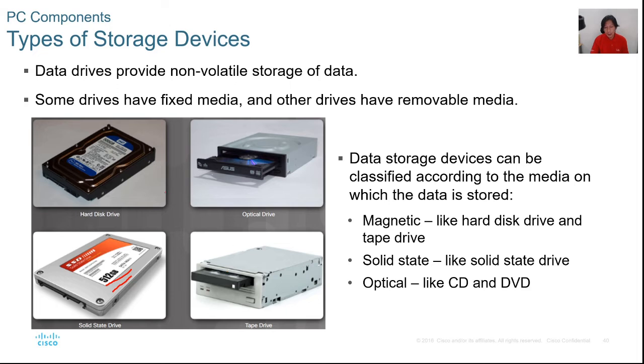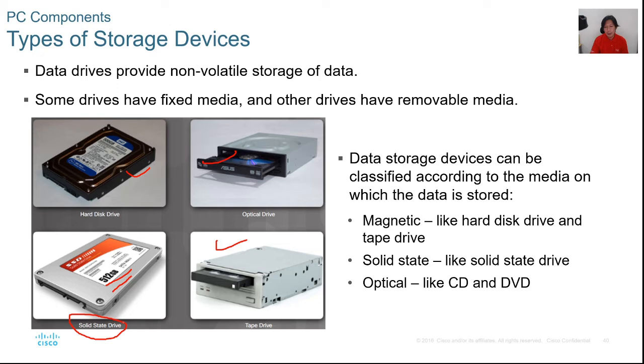So the comparison is this: storage devices, or what I call secondary devices or secondary storage, are run by motors, while our solid state drive is somewhat like RAM chips, stored and using particular chipsets.